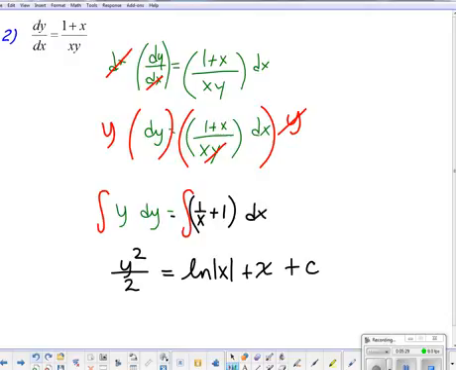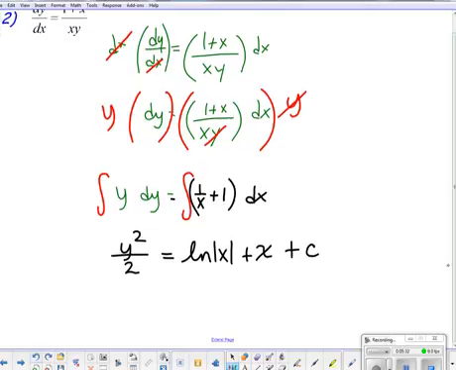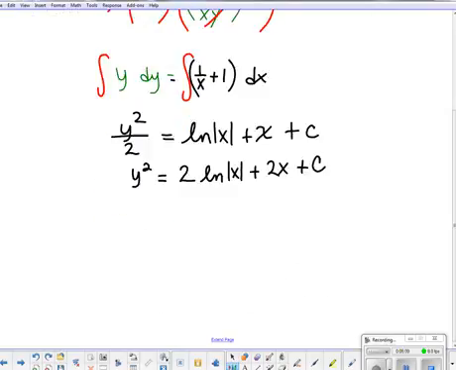Multiply both sides by a 2, and we will have y squared equals 2 times the natural log absolute value of x plus 2x plus 2 times c, but that could be restated as a new constant. And that is almost done, right?